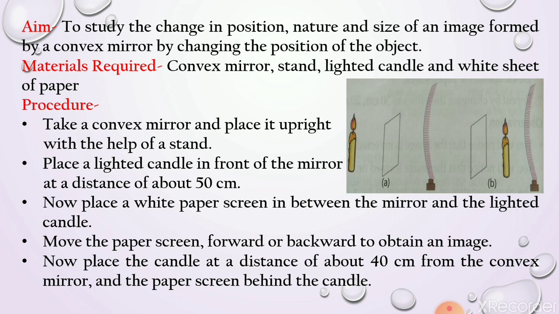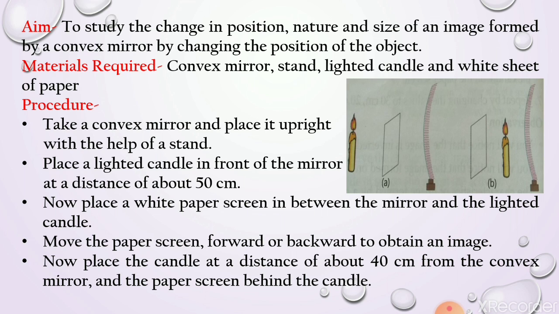Now we will see an activity to study the change in position, nature and size of an image formed by a convex mirror by changing the position of the object. Here some materials are required: a convex mirror, a mirror stand, a lighted candle and a white sheet of paper.